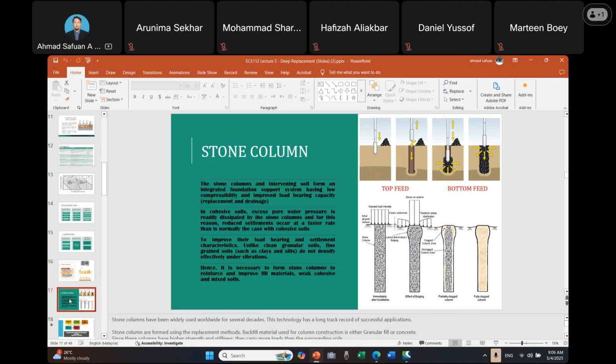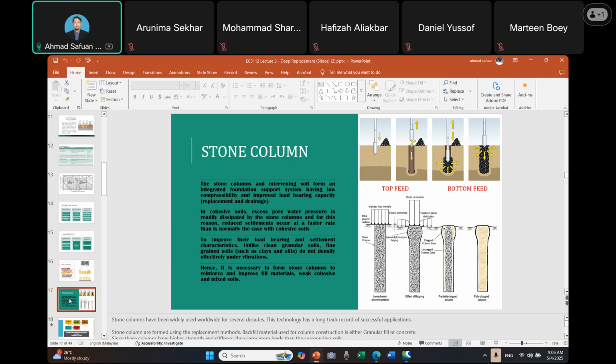So this is for the stone column. As I mentioned, there are two types of installation method, which they call top feed and bottom feed. The stone column and the intervening soil form an integrated foundation system, a support system, having a low compressibility and improved load bearing capacity.